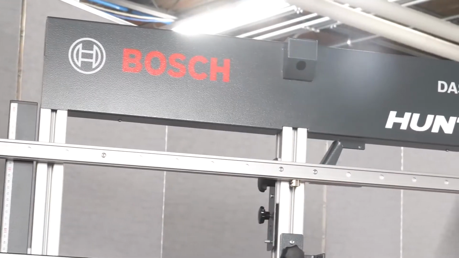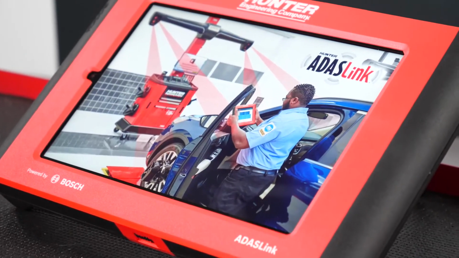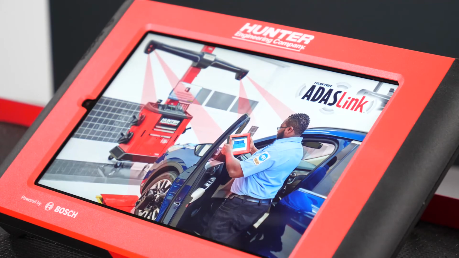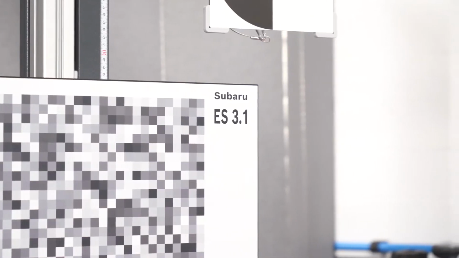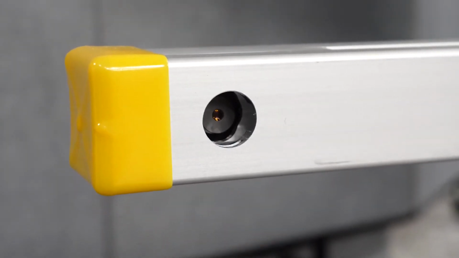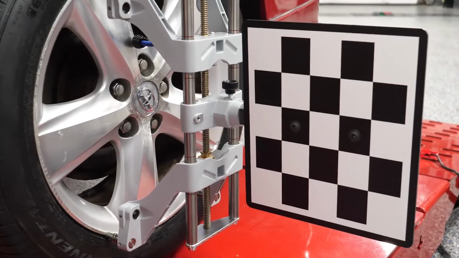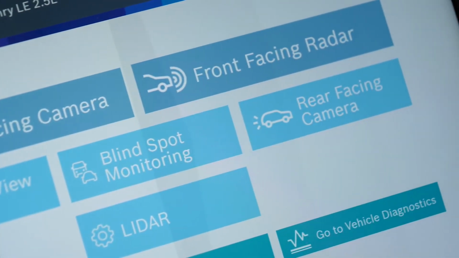The ADAS Link in the DAS 3000 ADAS fixture consists of a scan tool that communicates with the vehicle's ADAS system, targets with unique designs for each OEM, a stand and bracket to position the targets, integrated cameras reference wheel targets for placement, and ADAS Link provides on-screen guidance for setup and positioning.